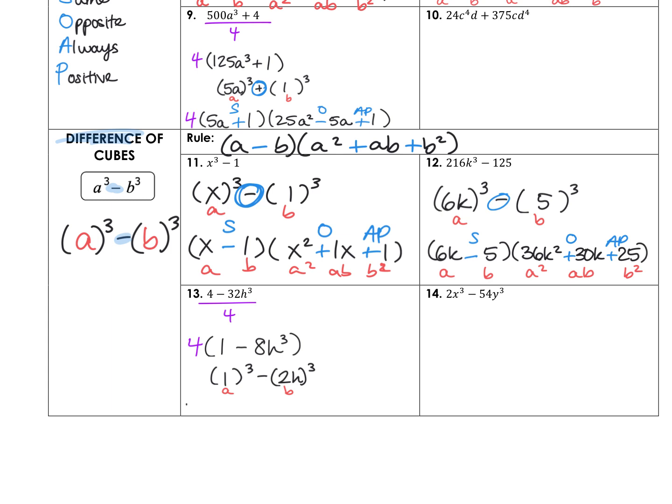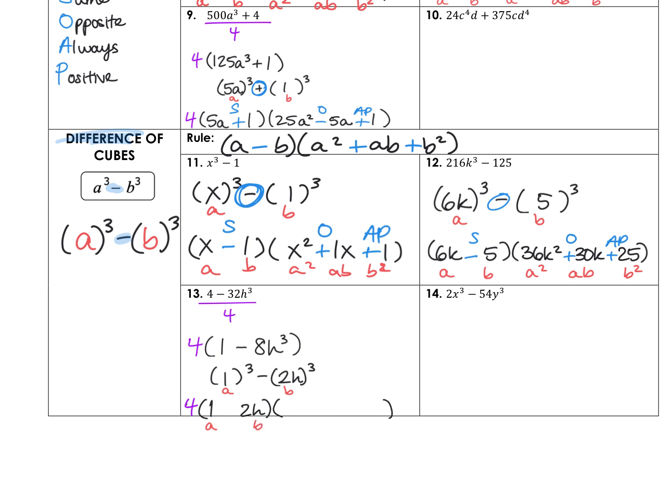So notice on this one, you're going to leave your GCF out in front before you factor it into these parentheses. So notice that the variable is going to come second, and that's okay.